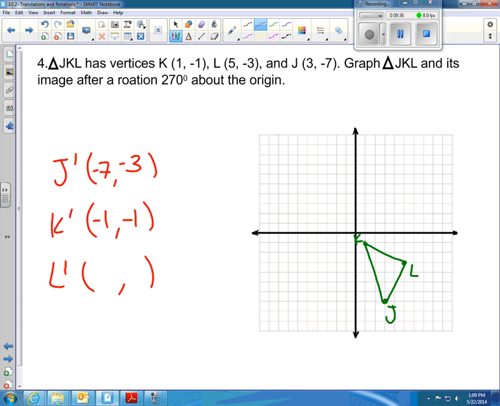My L, my 5 was my x coordinate, so now it becomes -5 and becomes my y coordinate. All right, let's go ahead and graph these new points. So (-7, -3) is J prime. K prime is (-1, -1). And then our L prime is (-3, -5). All right. Good. Nice work.